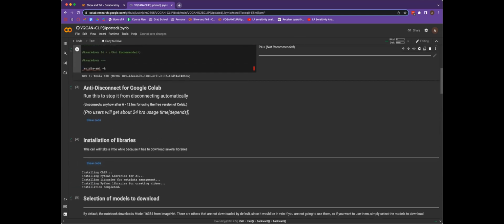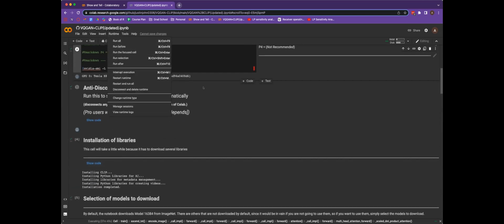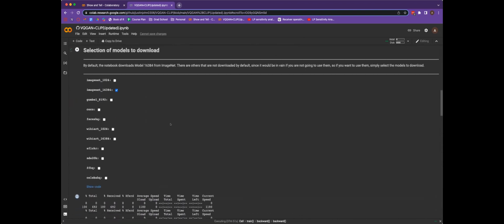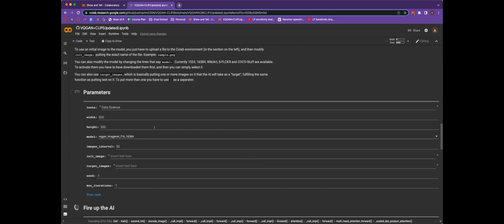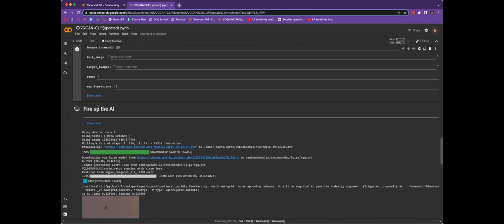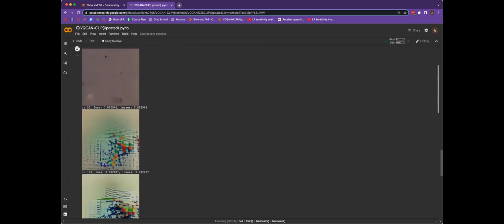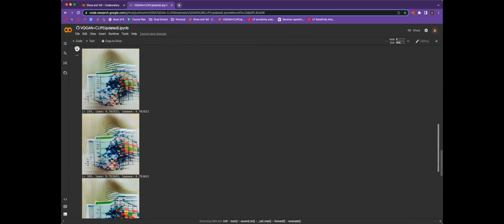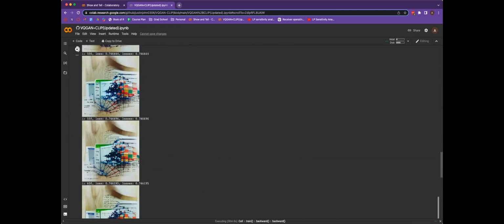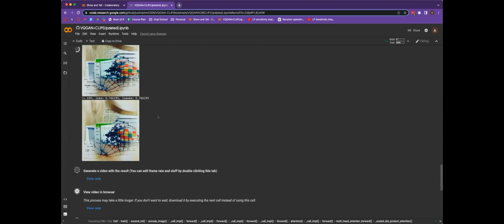But if you go up to runtime here and click run all cells, it will take in all of these parameters that you can set. The big thing here is it'll take a prompt to create art from whatever your prompt is, and then it'll start to iteratively build an image based on that prompt, right? You can see this has been running for about an hour now, and it's on its 600th iteration.